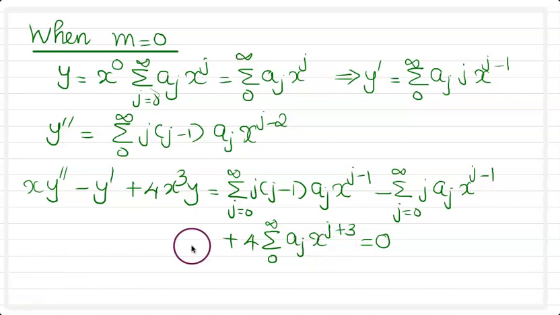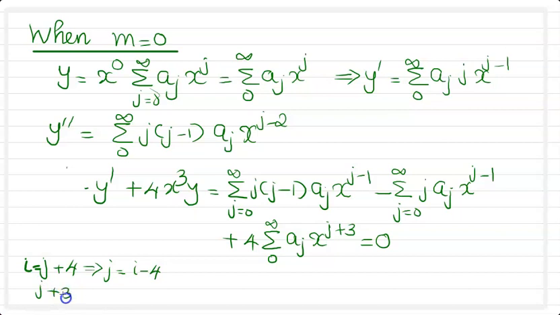To transform the third series so that the general term contains x raised to j minus 1, we can apply the transformation I equal to j plus 4, so that j is equal to I minus 4, j plus 3 will be equal to I minus 1, and when j is equal to 0, I will be equal to 4.